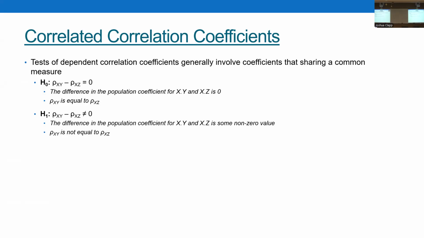So we've got dependency across those measures. Okay. And so my null model here is that the correlation between X and Y and X and Z are equal to one another in a population. And my alternative model is that they're not.